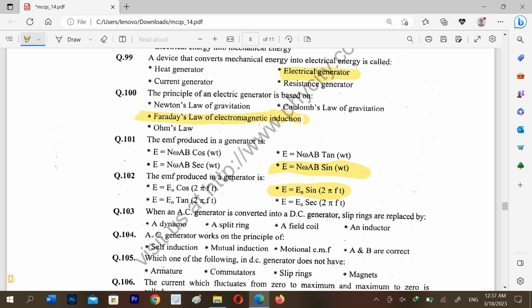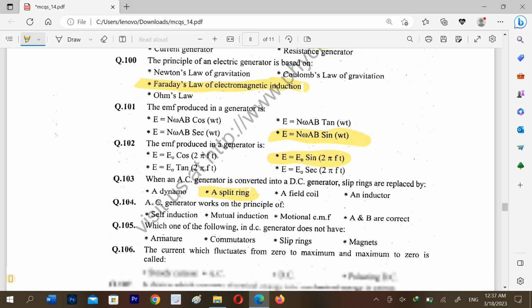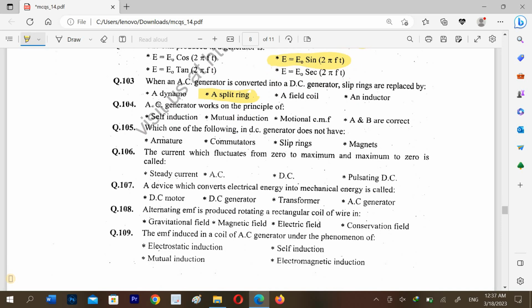When an AC generator is converted into a DC generator, slip rings are replaced by a split ring. AC generator works on the principle of motional EMF.